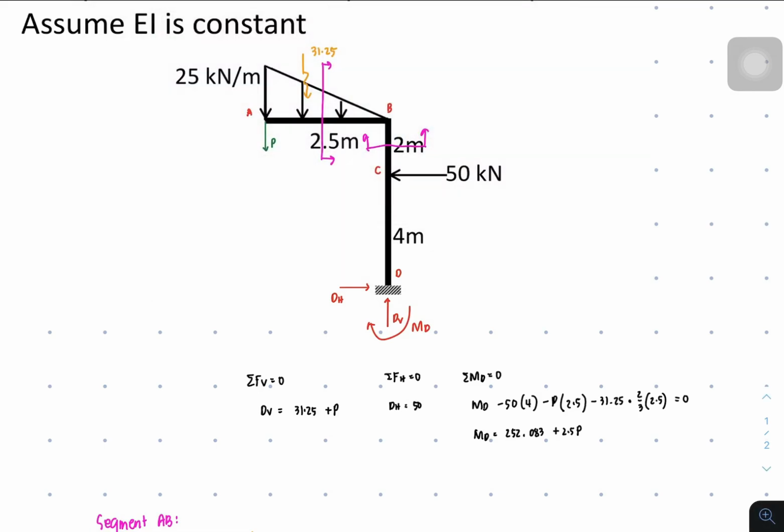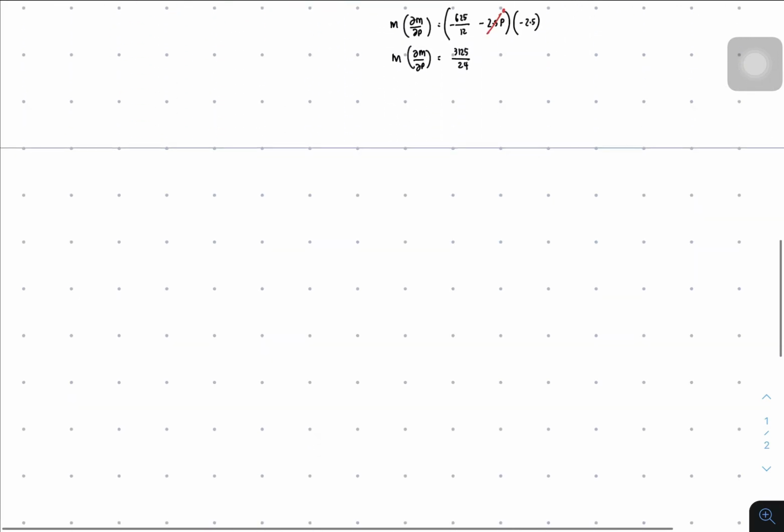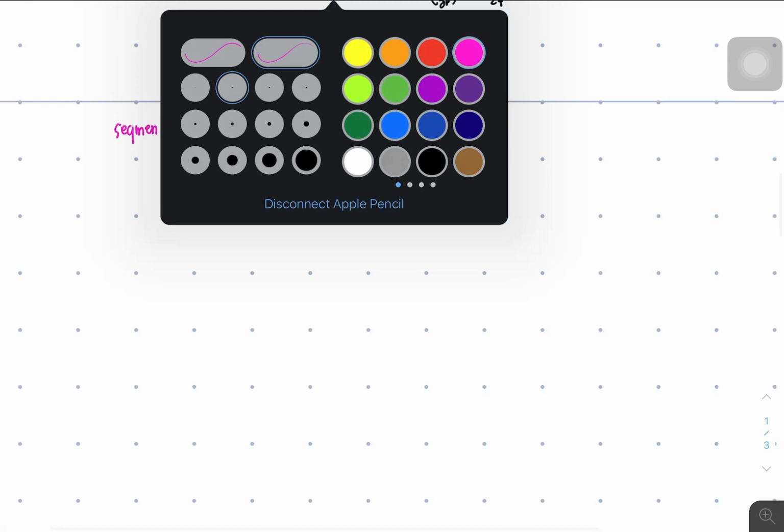CD. So for segment CD, let's just cut that here and consider that portion. So segment CD, it's going to be like this one.